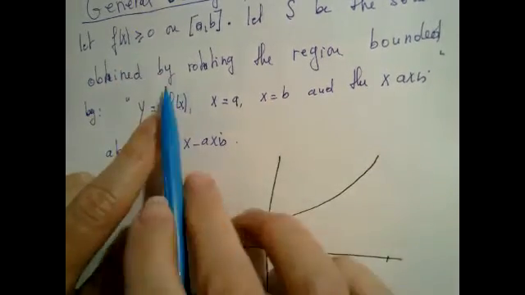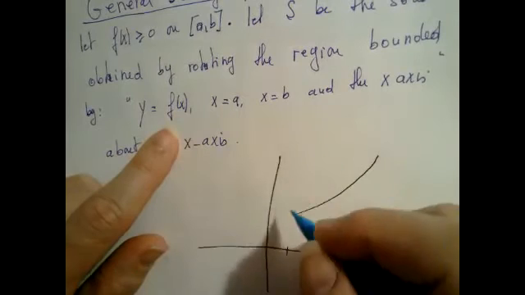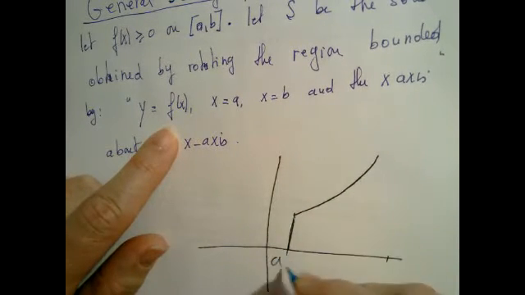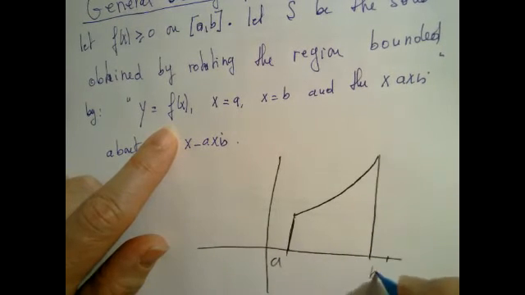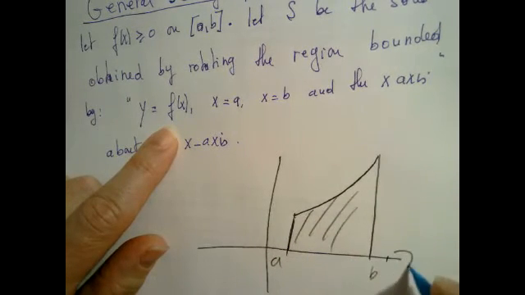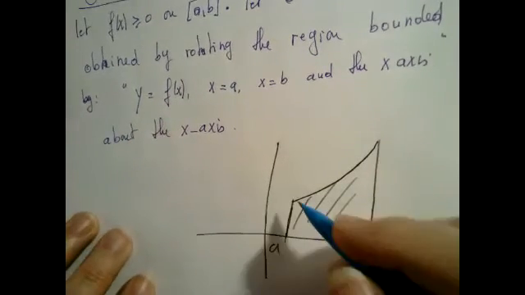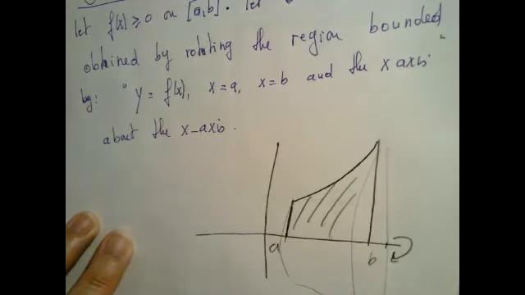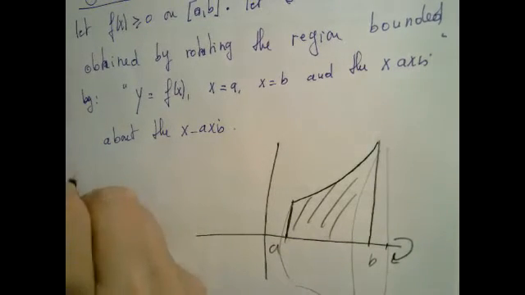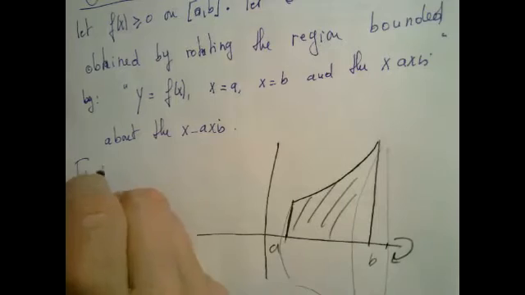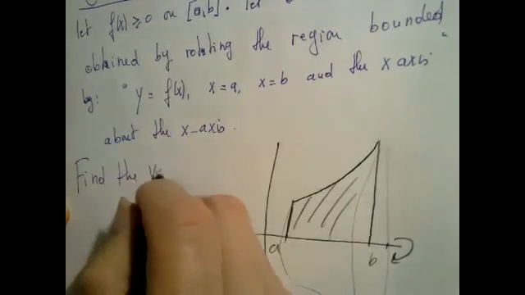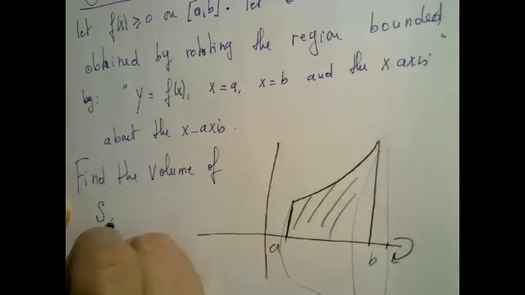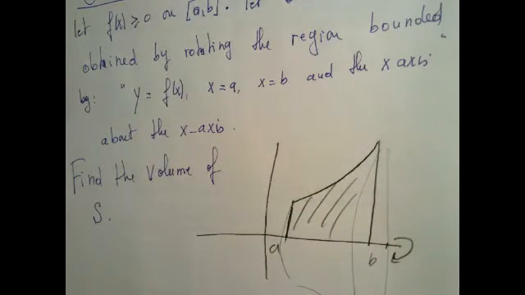And S is the solid obtained by rotating the region bounded by the graph, the lines x equals a, x equals b, around the x-axis. Question is, find the volume of S. Okay, so that's really my problem.